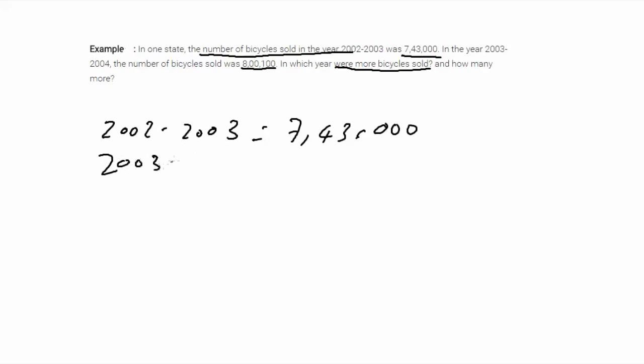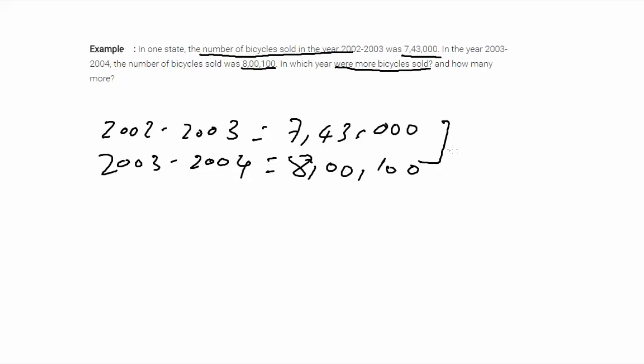So basically this is comparison. So start by writing, year 2002 to 2003 there were 7,43,000 bicycles sold, and in the year 2003 to 2004 there were 8,100,000 bicycles sold. So basically this is a problem based on comparison.